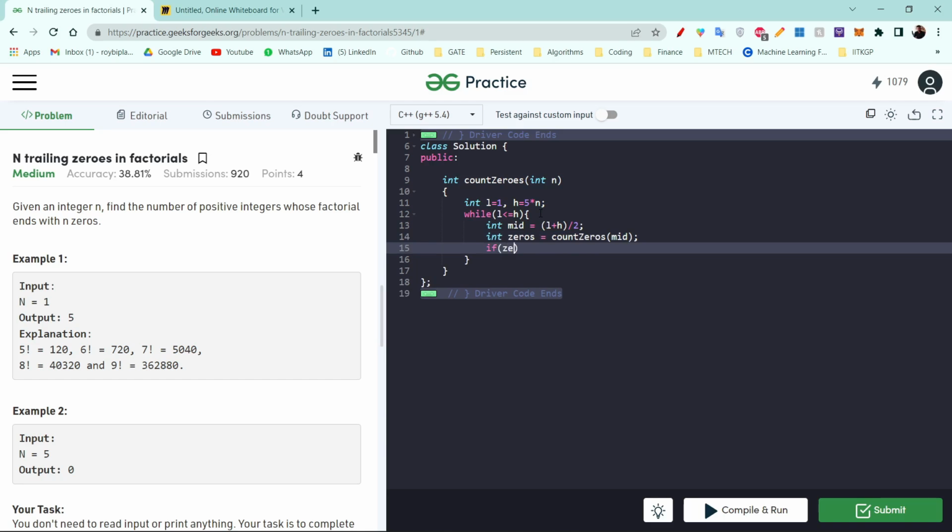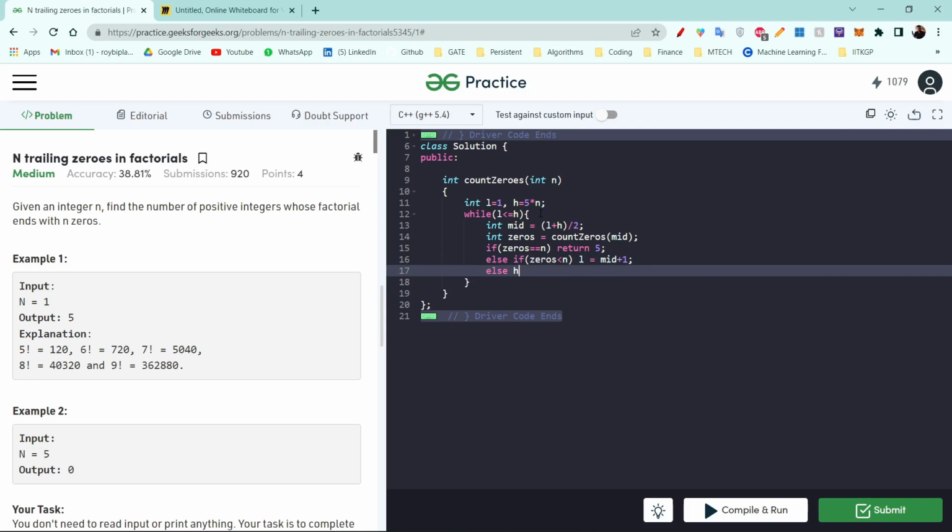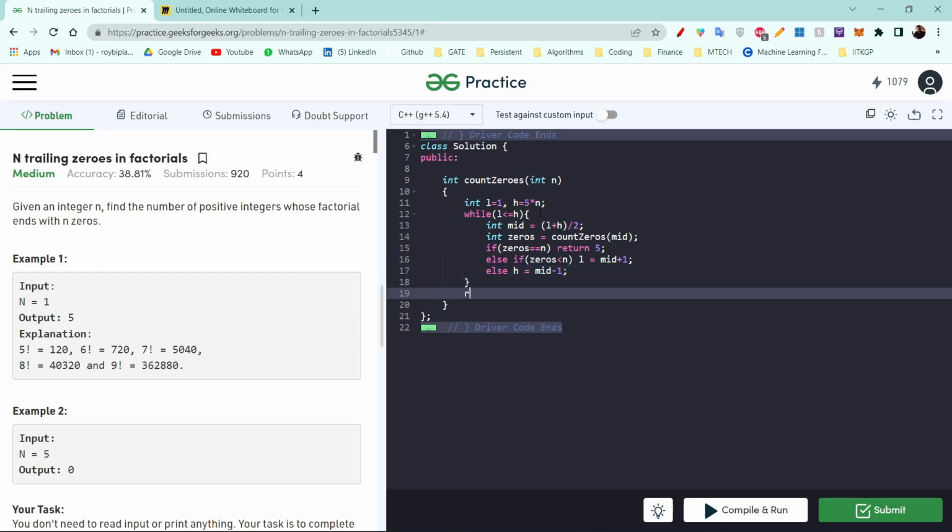Now if these zeros equal n, the number of required zeros, then return 5. Else if the number of zeros is less than n, that means I have to increase my current number of zeros, so we update low to mid plus 1. In the else case we update high to mid minus 1. And at the end, if we haven't found any number whose number of zeros is n, we return 0.